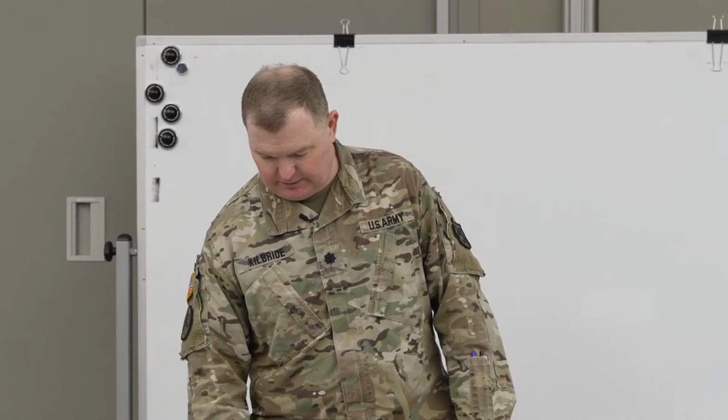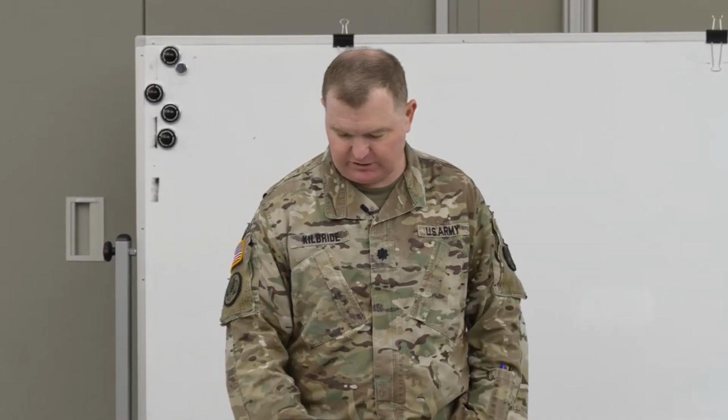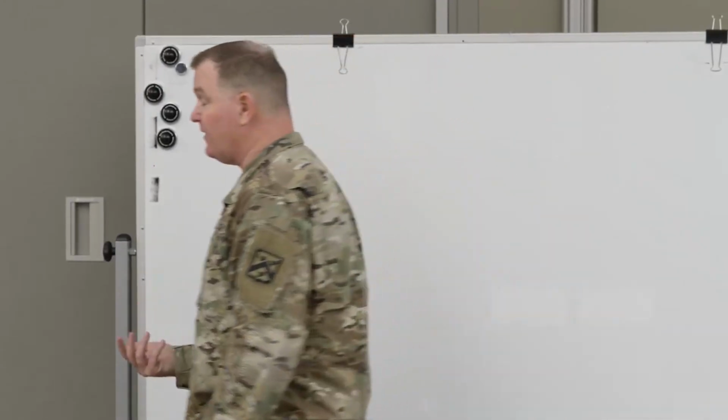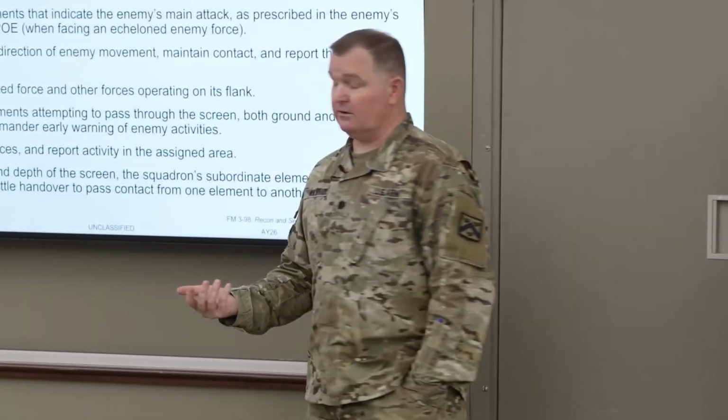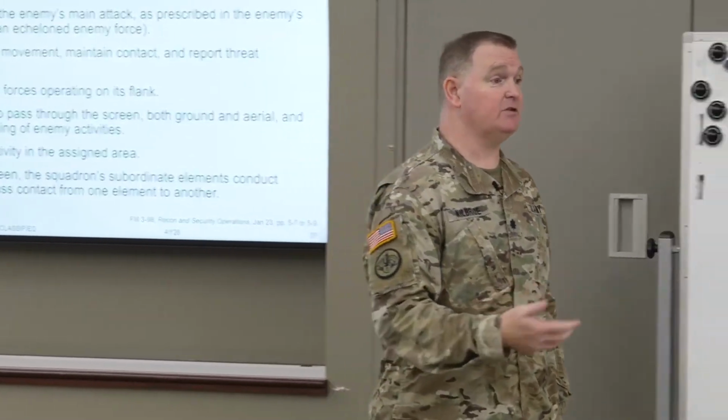So now we'll just review real quick the tasks for each of the screens. You're going to pull these forward and apply them as you go through your PE. This all has to be based on some type of IPO. That staff integrating process has to be informed by some mission analysis, some analysis of what we're doing.